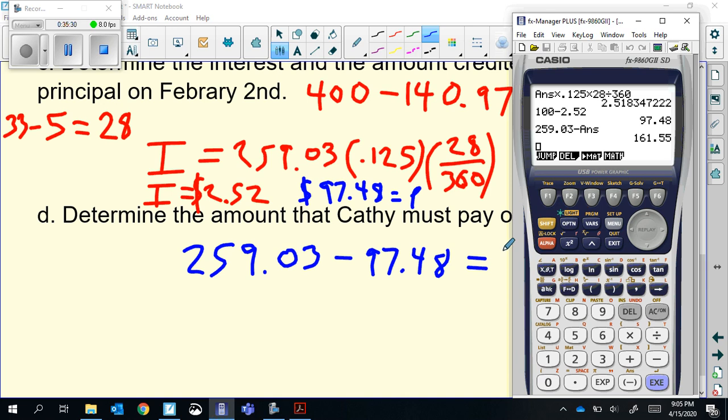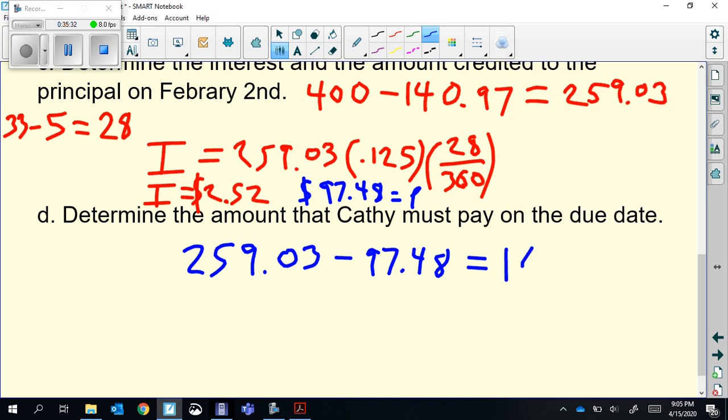That's 161.55. Now, that doesn't include any more interest that's added up, so you have to recalculate that with the interest.